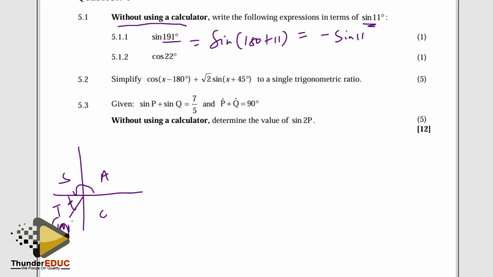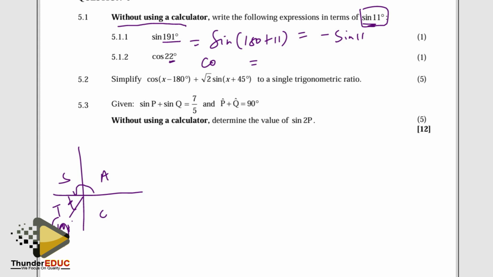Cos 22, we know that 22 is twice 11. So it's the same as the cos 2 times 11. We have two formats of this. And since they say they want it in the form of sine 11, then we're going to use the sine format of the double angle.